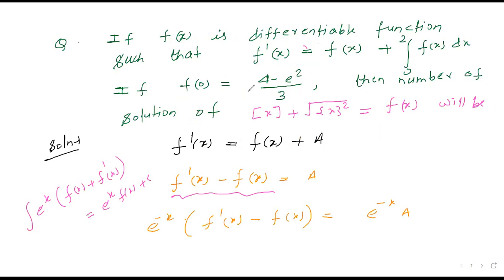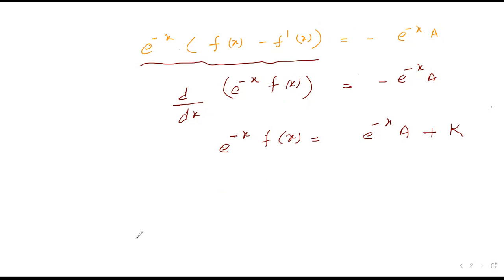At x equals 0, the function is (4 minus e²)/3. So put x equals 0 here. So e raised to the power minus 0 is 1. It is basically f(0) equals A plus K, right?